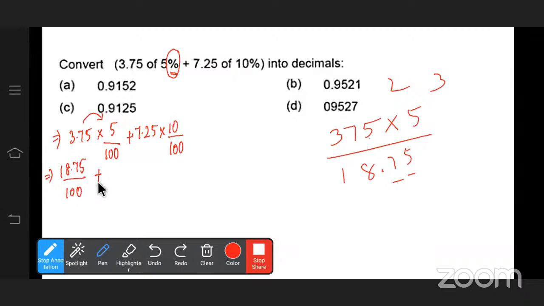Okay. Plus. So listen. When you multiply by 10, 100, so like the 0 came means, what you have to do means simply you take the number 725 and you just put the, how many zeros you're having? Only 1 0, right? You just put the 0. Okay, when the number is multiplied by 10, 100, 1000, simply what you have to do means, take the whole number 725 and here only 1 0.